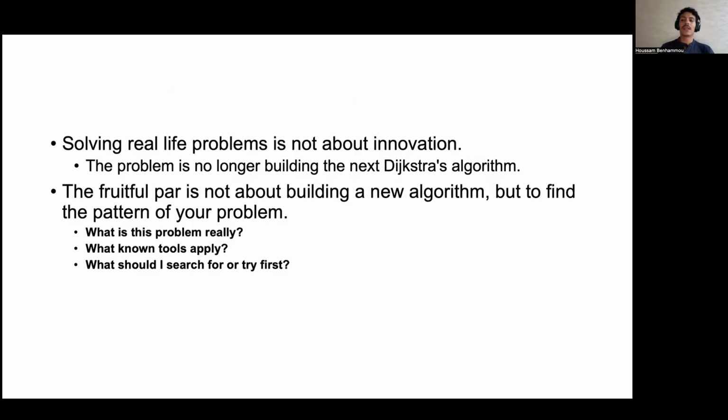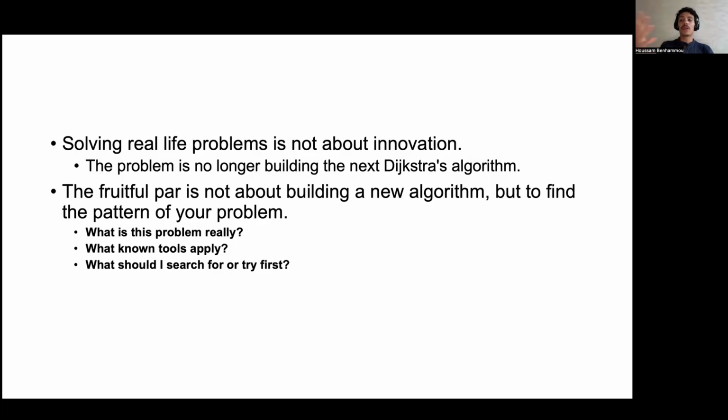All the tools have been laid out and the research has been created through multiple iterations, and we are at the limit for that. If there is an innovation, it's going to come once every 10 years, it's not going to come through your problem, because all the problems have been abstracted and resolved in an abstracted way.